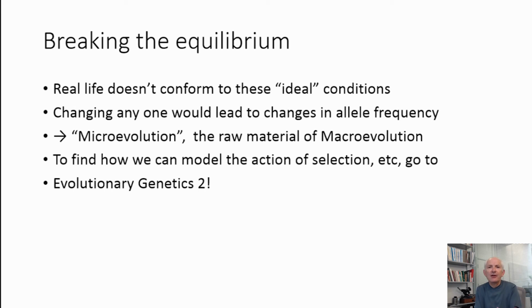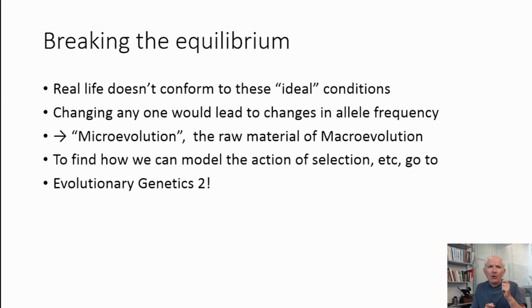Well, I think you can already see that real life is unlikely to conform to these ideal conditions in potentially important ways. So any one of them changing should lead to some change in allele frequency. And changes in allele frequency result in, or are the same as, microevolution. And that's the raw material of macroevolution, the origins of species and the changes of species.